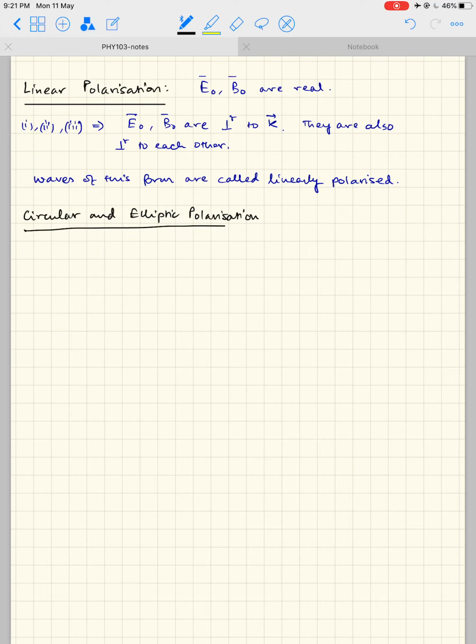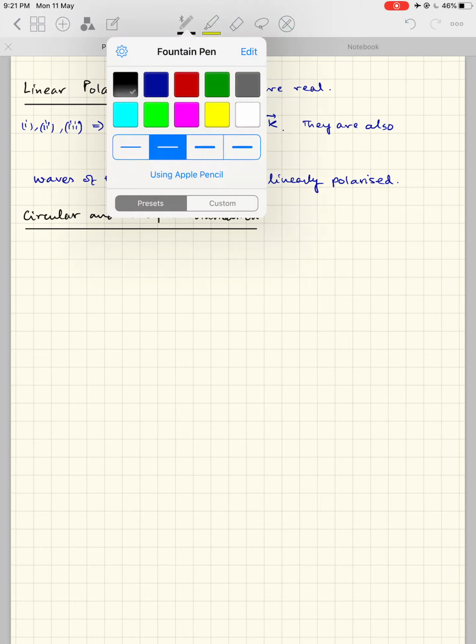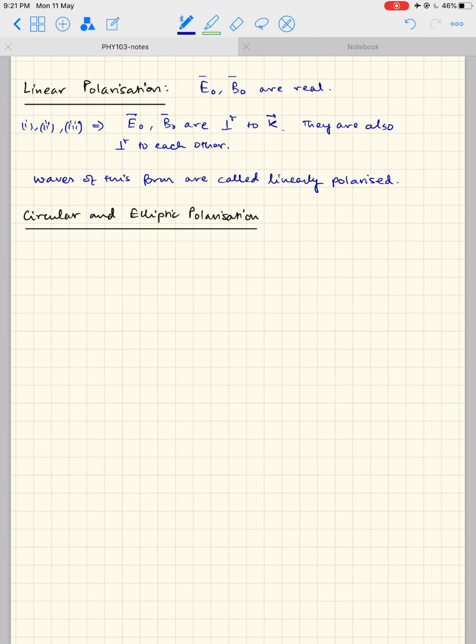Not everything is going to be linearly polarized. So now what we are going to be saying is that E naught and B naught are complex. Let's look at this.